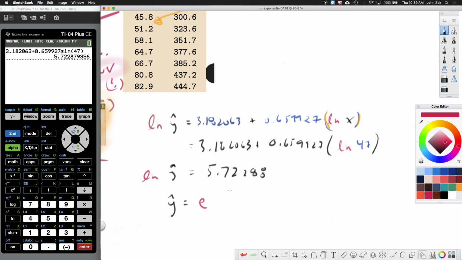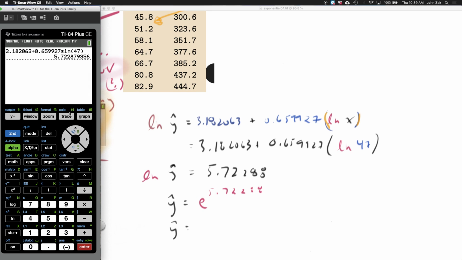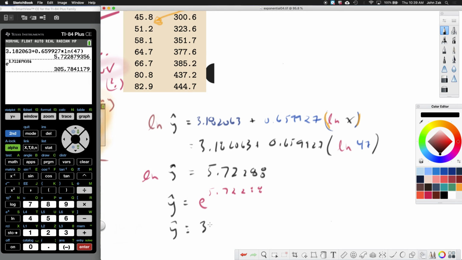E raised to the power 5.7228. And so what would that be? I'm going to go to my calculator and do e raised to this power here. And I got 305.78 approximately.